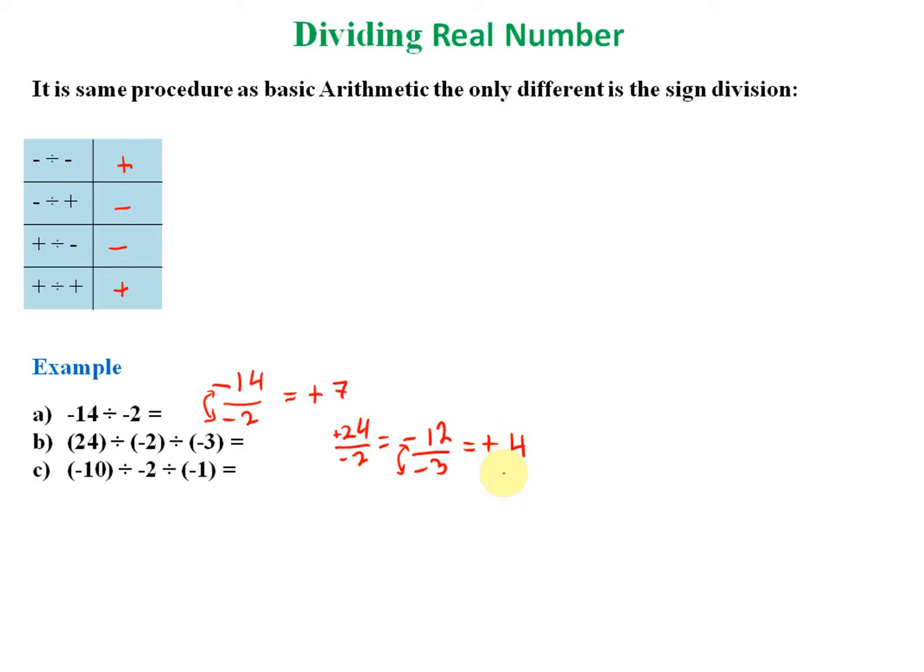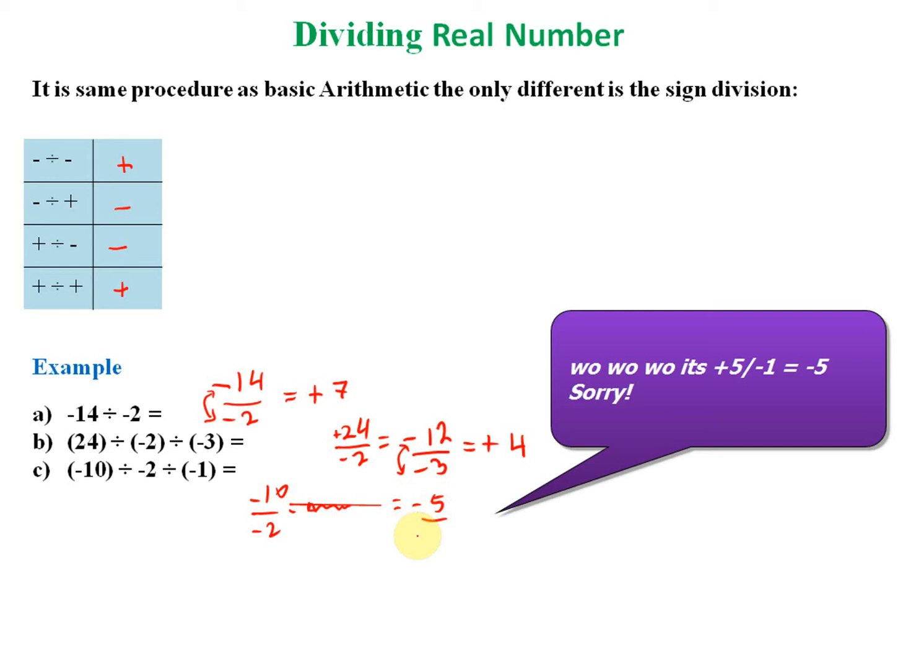Negative 10 dividing by negative 2 would give me a positive 5, dividing by negative 1 should be a negative 5.